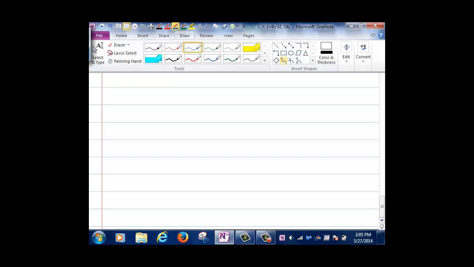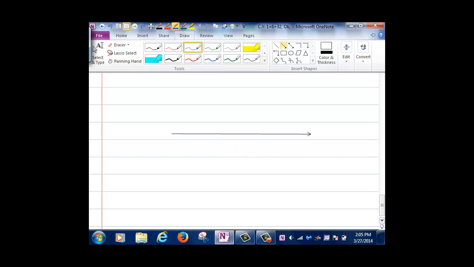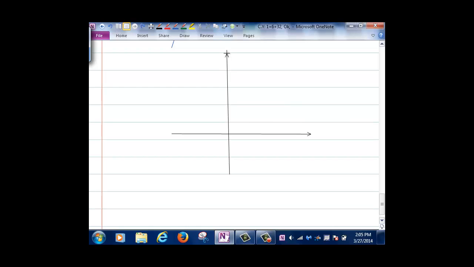First of all, let's recall what we know about rectangular coordinates. So in rectangular coordinates, what do we have? We have 2 intersecting perpendicular axes. Each axis is a copy of the real number line.